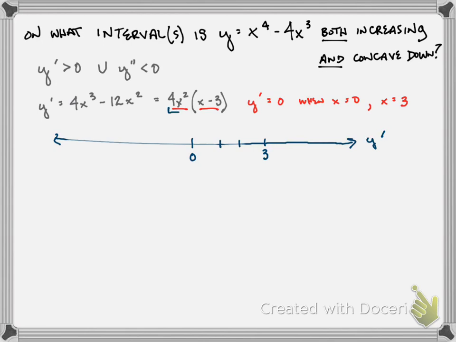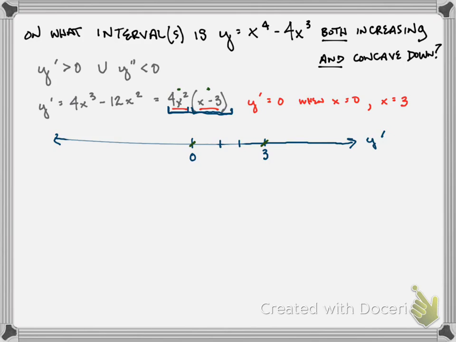Those are the only times the derivative is equal to 0, because either this 4x squared must equal 0 or this x minus 3 must equal 0. The first derivative is 0 at x equals 0, at x equals 3, and it's not 0 anywhere else, because there are no other values I could put in that would make the derivative equal to 0.